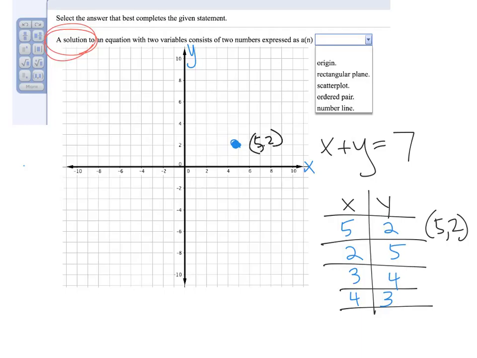It's an ordered pair that works. Now, we also have (2, 5).